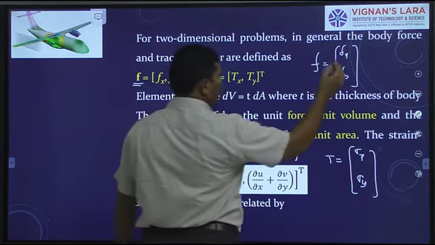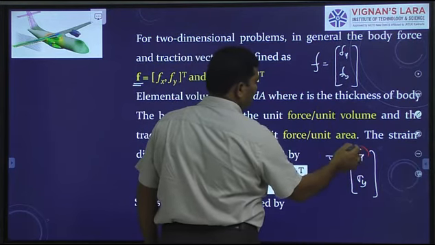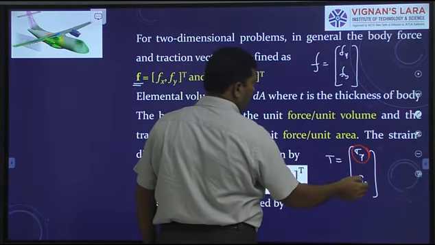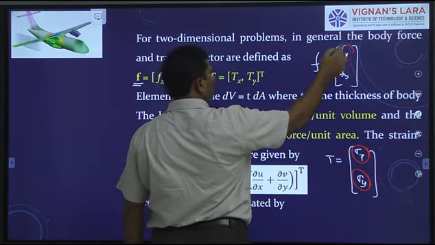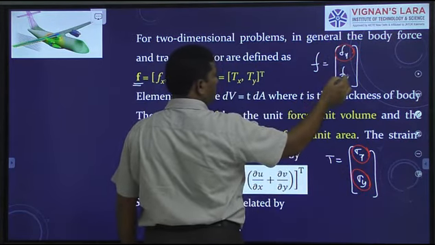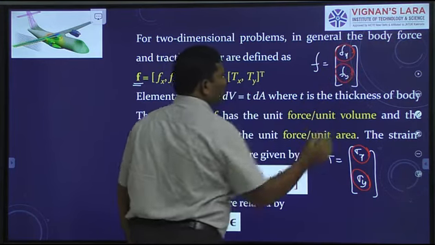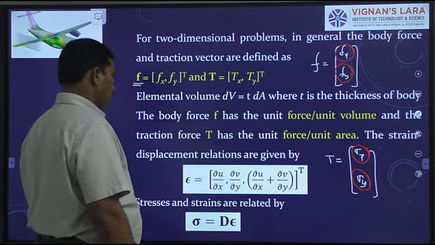So the unit of Tx is force per unit area and the unit of Ty is force per unit area. The unit of Fx is force per unit volume and the unit of Fy is force per unit volume.